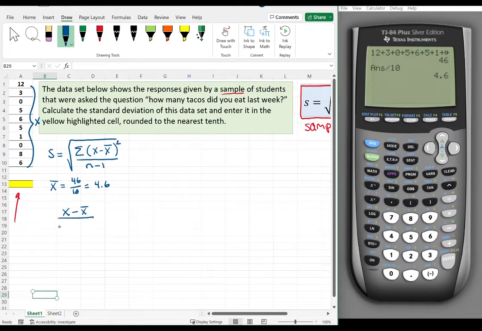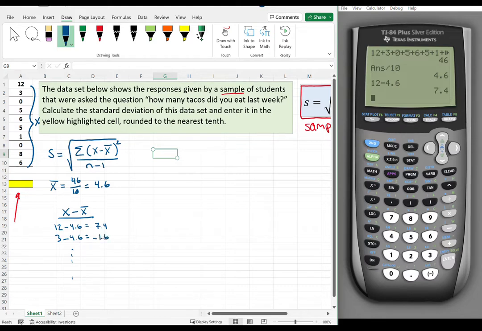So we're going to have to do 12 minus 4.6, 3 minus 4.6, and so on. We're going to have to take each value and subtract the mean. 12 minus 4.6 equals 7.4. 3 minus 4.6 equals negative 1.6.